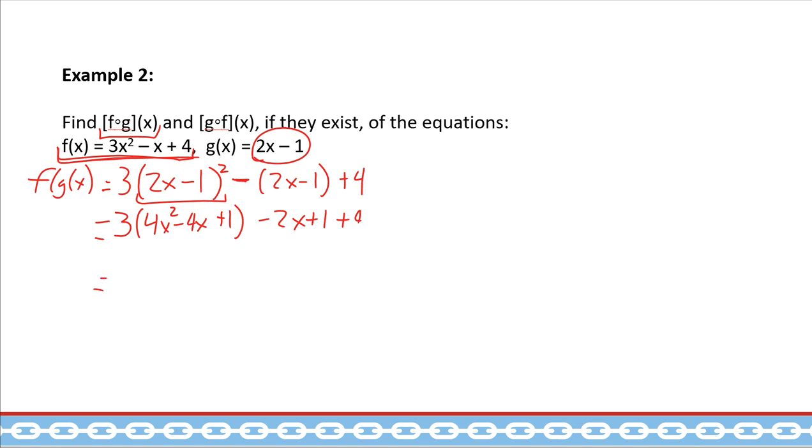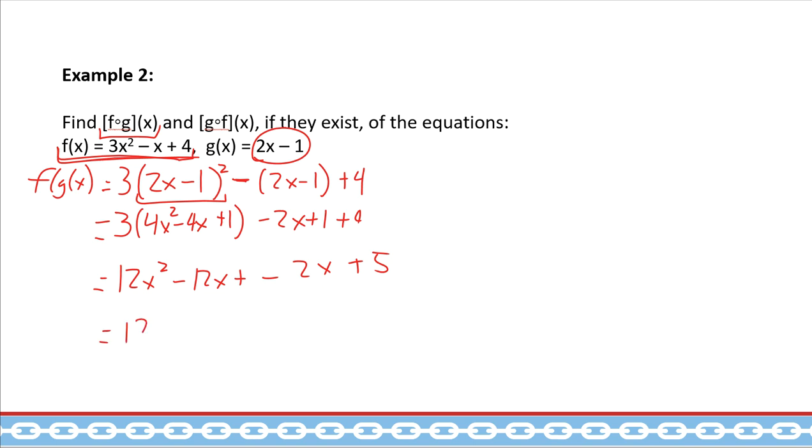Now I get to multiply out this 3, 12x squared minus 12x plus 3 minus 2x plus 5. Just lots of order of operations work, lots of combining like terms.